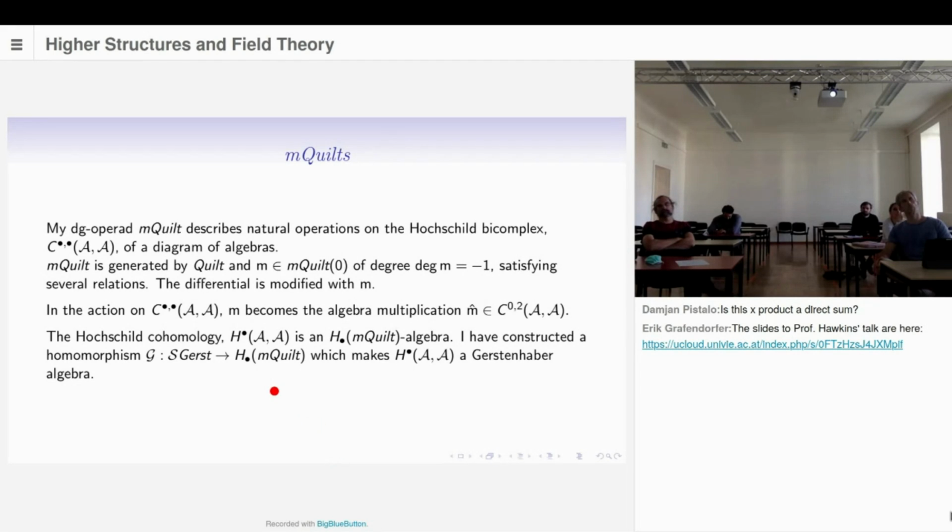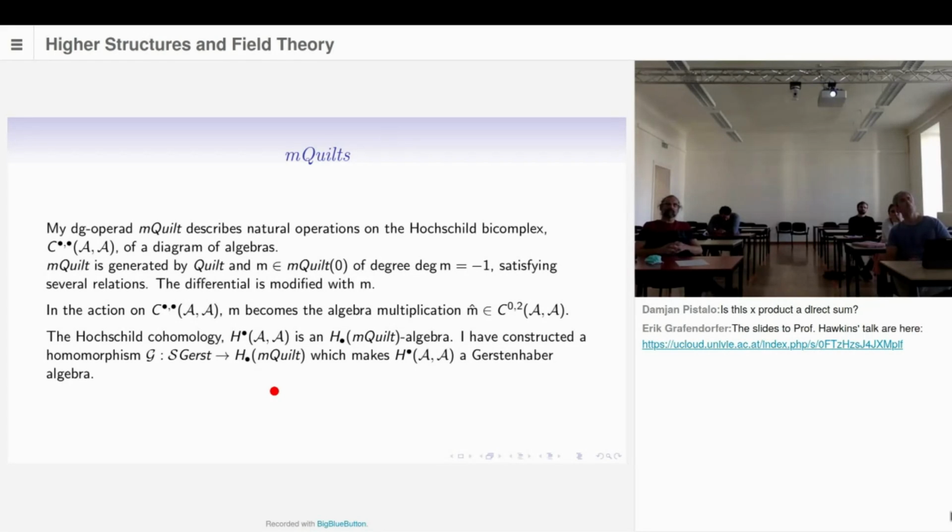So my final operad is M-Quilt. This is the one that's actually going to describe operations on the Hochschild bicomplex that I'm really interested in, that of a diagram of algebras. I had previously set multiplication to 0 for simplicity. Now I put multiplication back in, in a formal way.